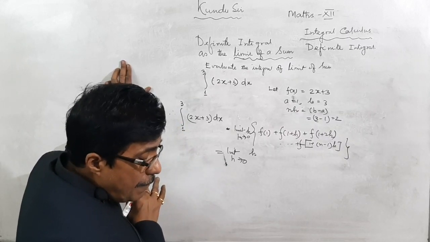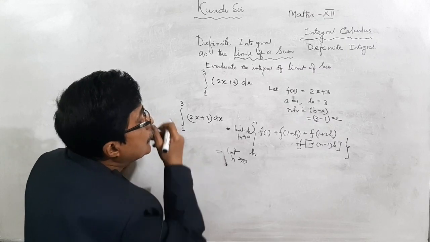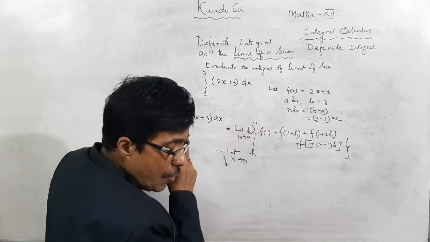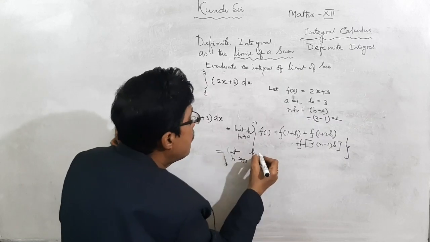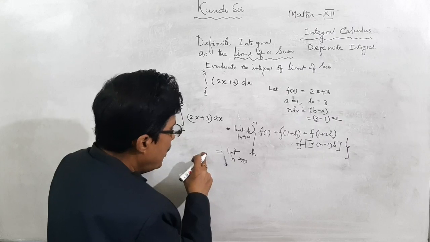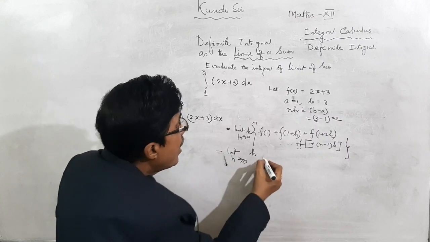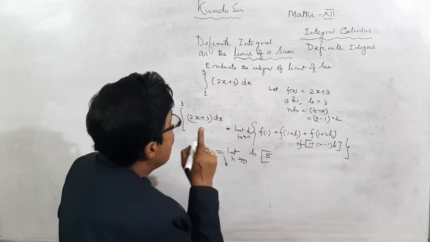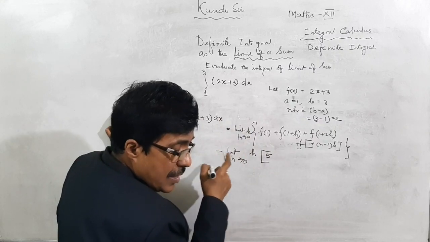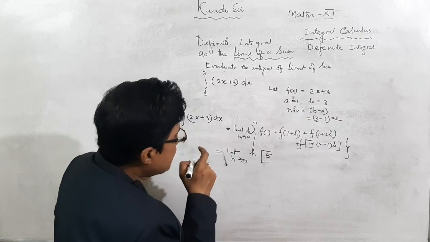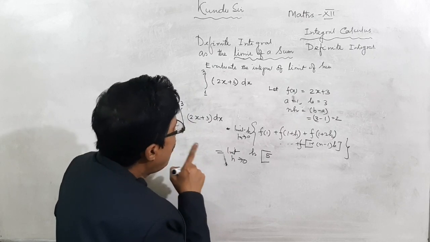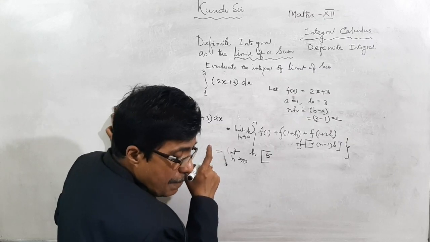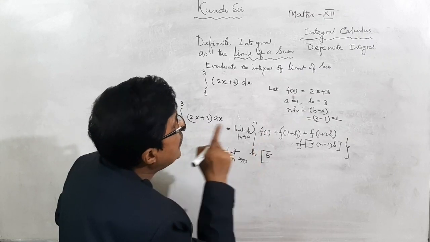What is f(1)? f(1) equal to 5. Then f(1 plus h) is 5 plus 2h, since 1 plus h gives 2 times h.